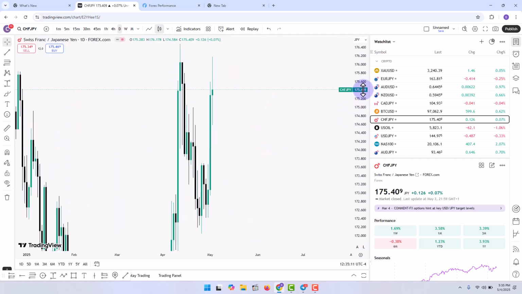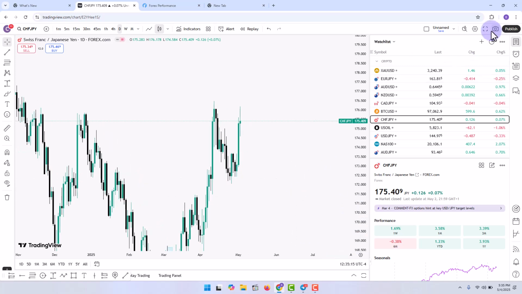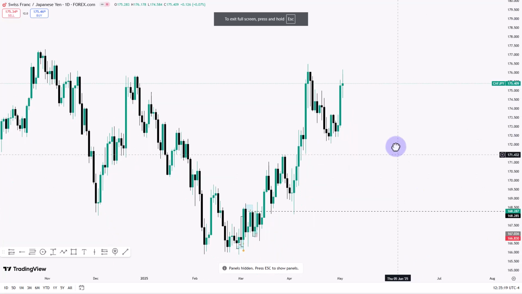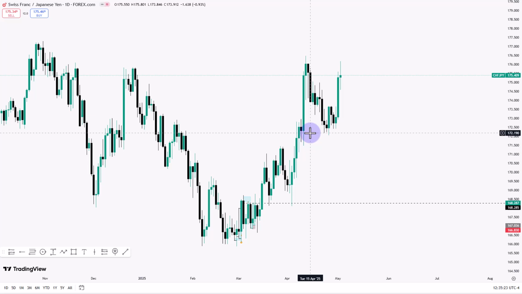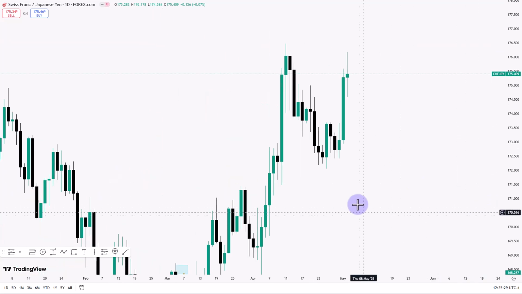So look at CHF JPY daily time frame. This guy had just traded into the internal range bullish order block right here. So price traded into that bullish order block, and we saw price created another bullish order block that is called propulsion candle.